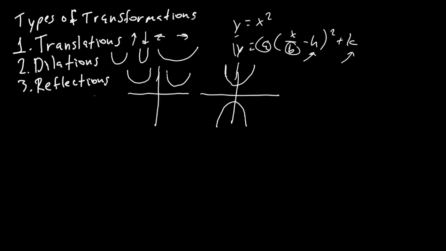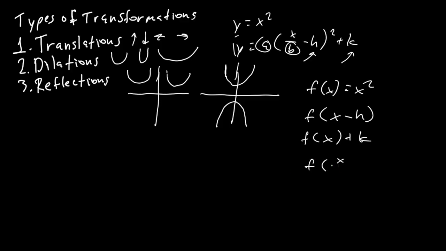We can also apply these into the form f of x. So you have f of x equals x squared, and then you can apply these modifiers like a, b, h, and k. You can modify it here where you have f of x plus h, or x minus h, or f of x plus k, or f of x over b, and then a times f of x.